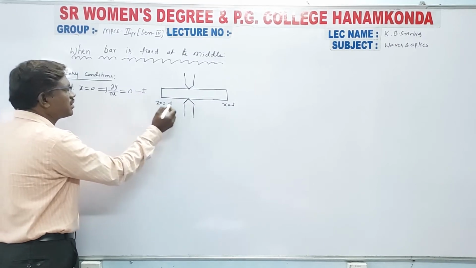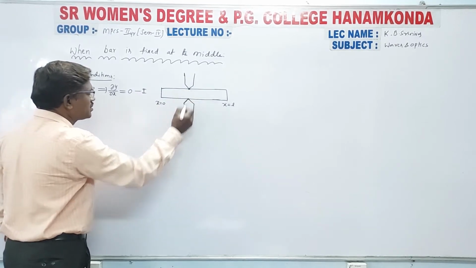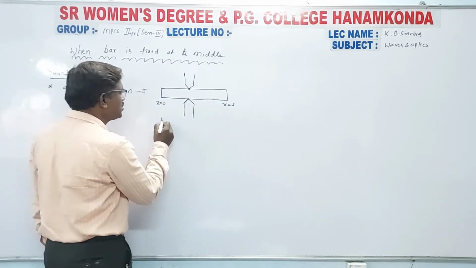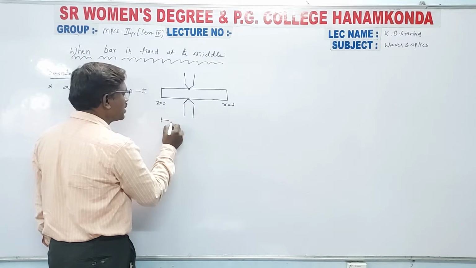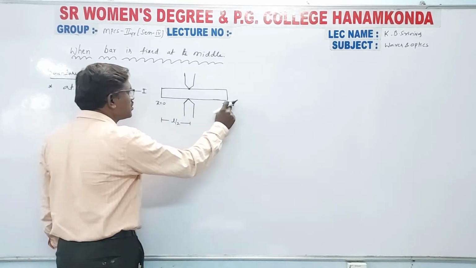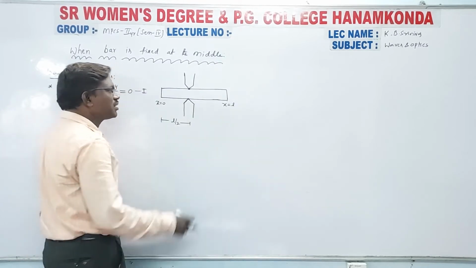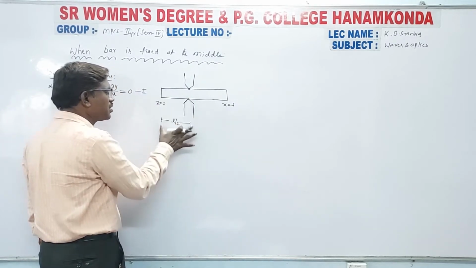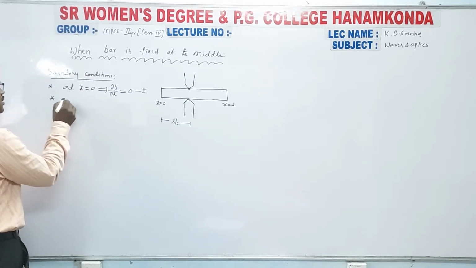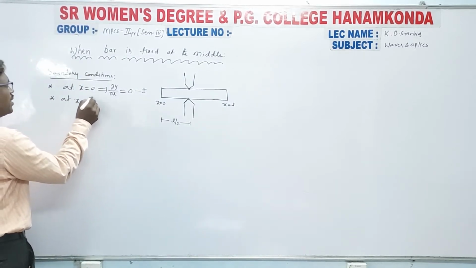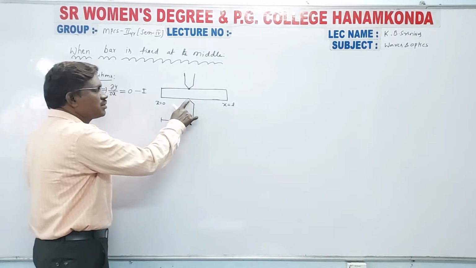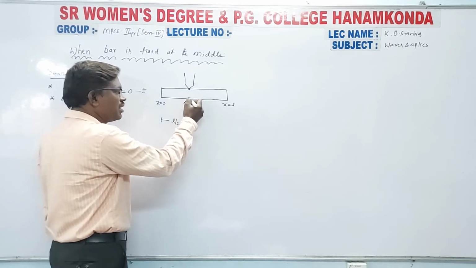Now I am concentrating on the fixed end, that is, the bar is fixed at the center. The distance of this point from the first end is L by 2, because the total length of the bar is L. At x equal to L by 2, the second boundary condition, the bar is fixed rigidly.